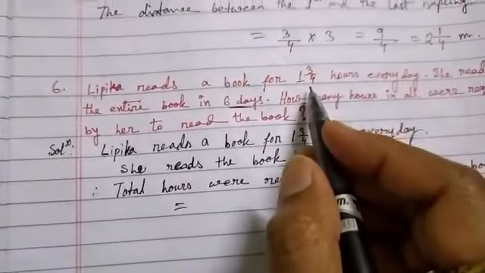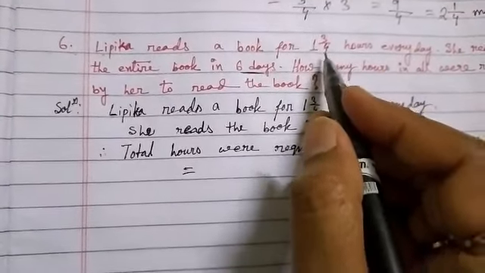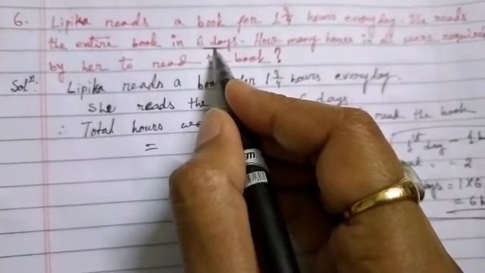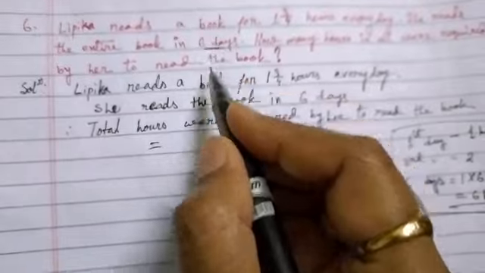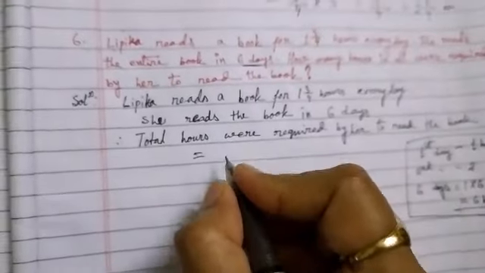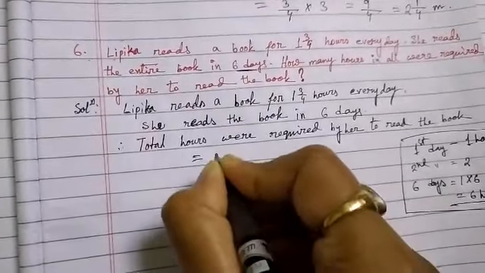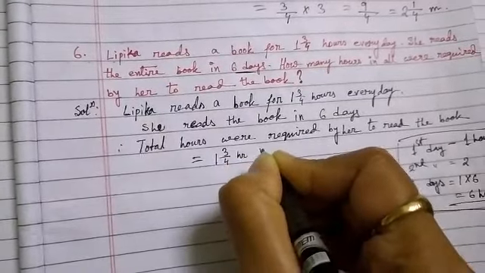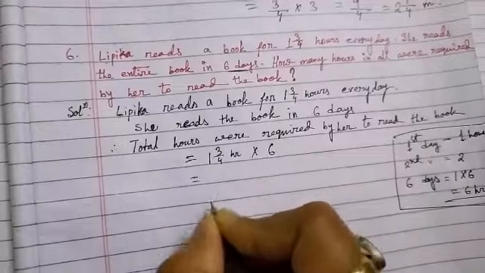Here 1 whole 3/4 hours is given. So for 6 days how many total hours are taken, that should be found. So what will be here? 1 whole 3/4 hour into 6.